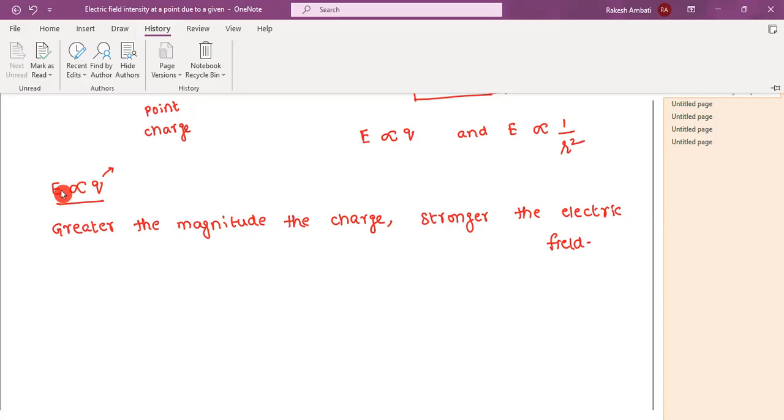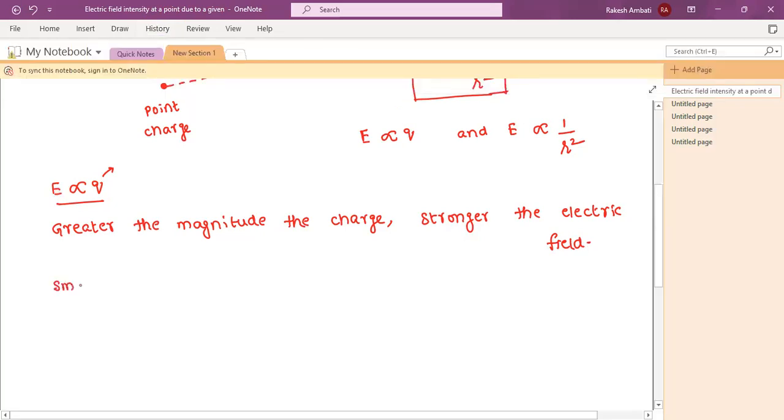Here the electric field and the charge are directly proportional to each other. In the same way, smaller the magnitude of the charge, weaker the electric field.